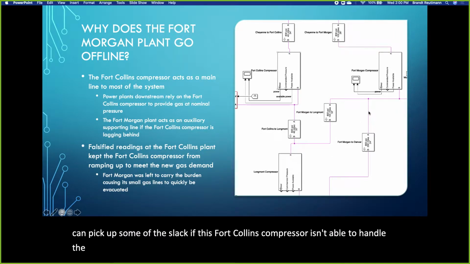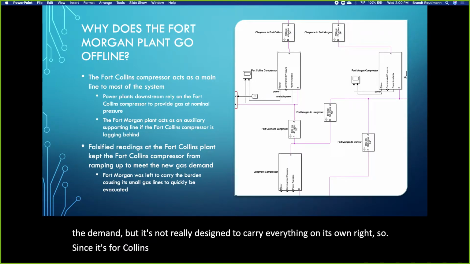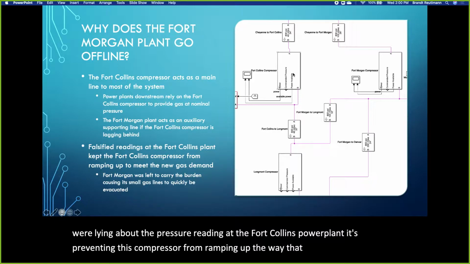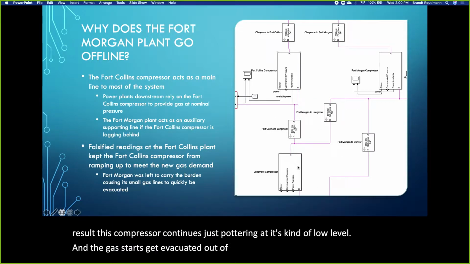But it's not really designed to carry everything on its own, right? Since this Fort Collins compressor is acting as the main line of the system, when we're lying about the pressure reading at the Fort Collins power plant, it's preventing this compressor from ramping up the way that it needs to. As a result, this compressor continues puttering at its low level, and the gas starts to get evacuated out of this Longmont line and some of these other lines.